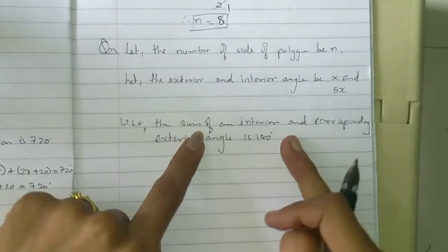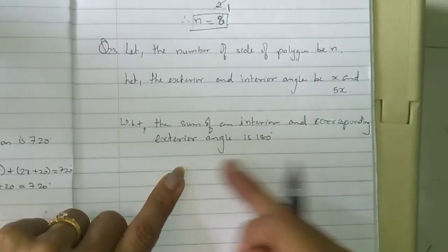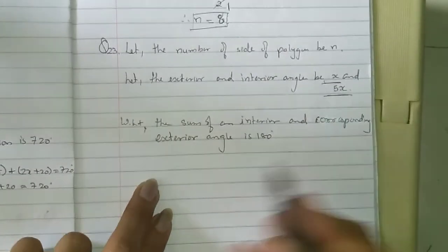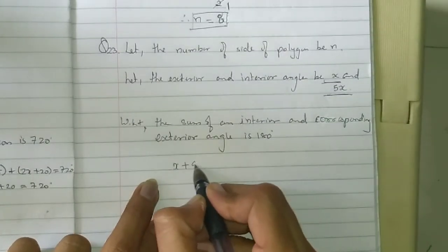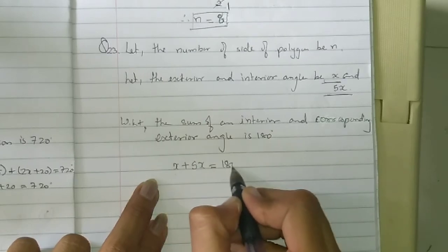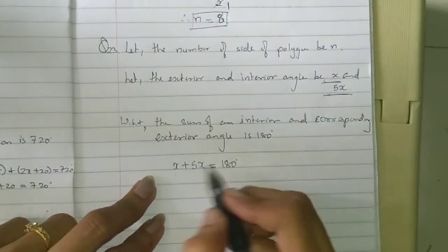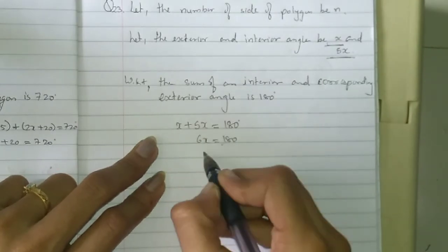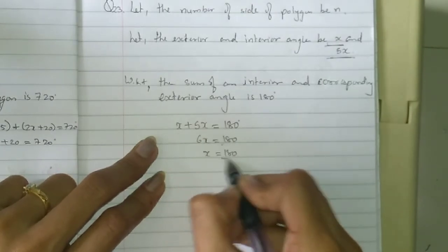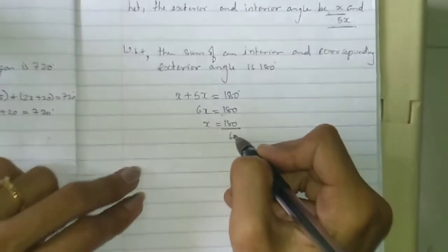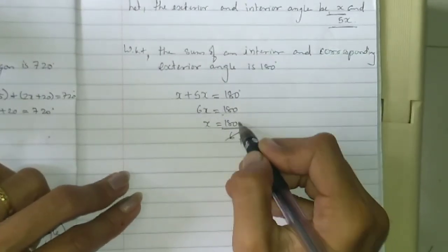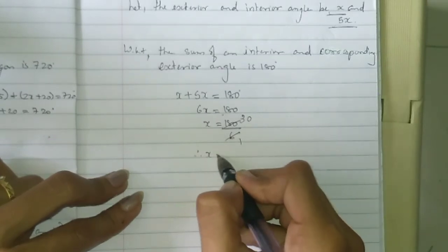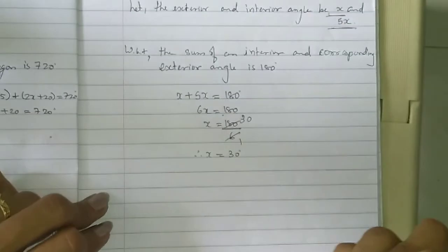Now the sum of its interior and corresponding exterior angle is 180, so we can write x plus 5x equal to 180. Okay, so 6x equal to 180, then x equal to 180 upon 6, cancel it, so 6 30s are 180, therefore x equal to 30 degrees.